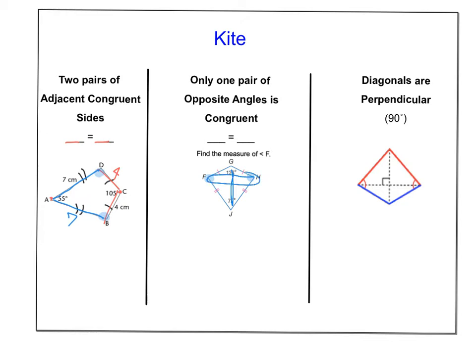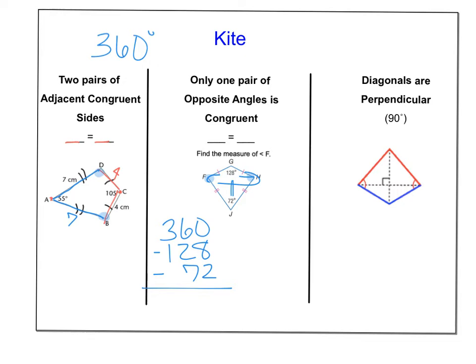Now we also know that there are 360 degrees in any quadrilateral. So if we have the other two angles, we can then figure out what those two congruent angles are. So if I have 360 minus 128 minus 72, that's going to give me how many degrees I have left.